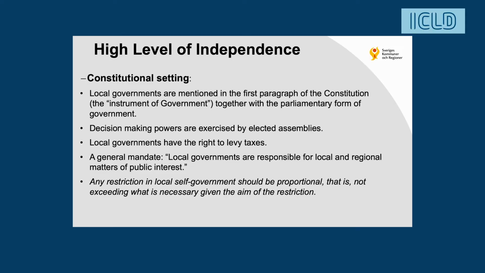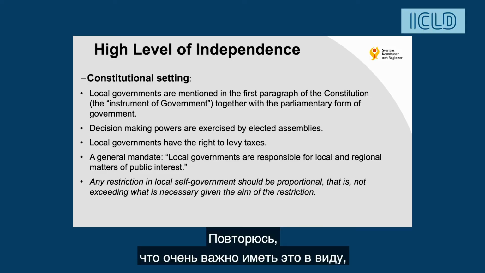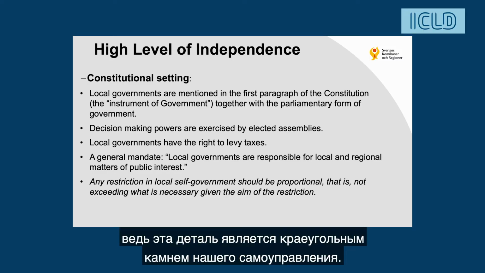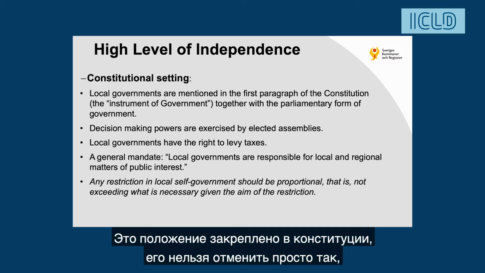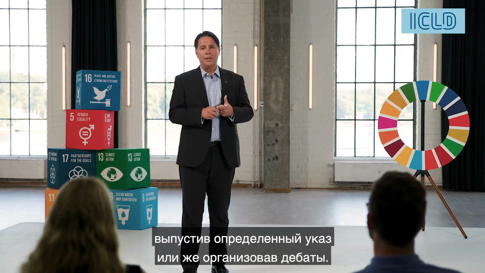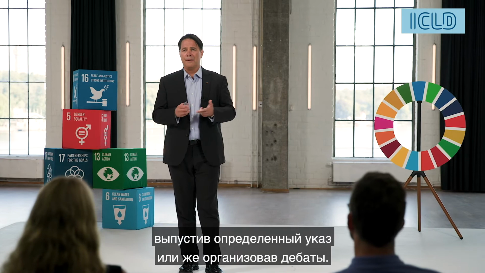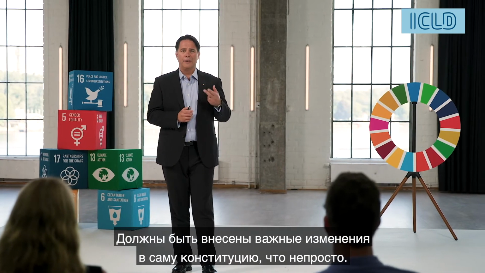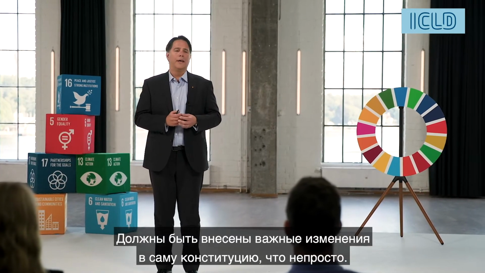This is the local and regional authorities. It is the cornerstone of Swedish self-governance. It is in the constitution, so it's nothing that can be changed by simple law, by decree, or by just a parliamentary debate. It has to be done by changing the constitution, which is a much more complicated process.